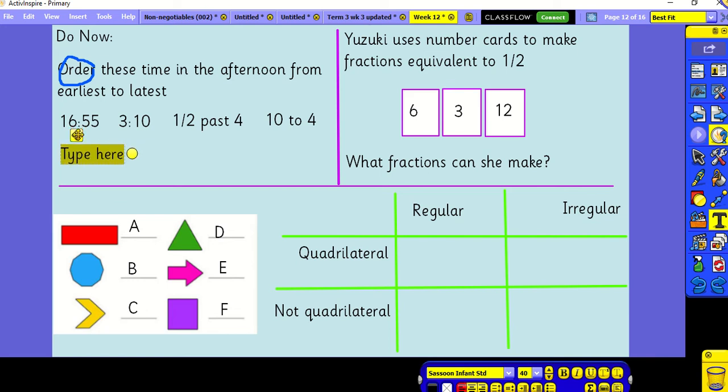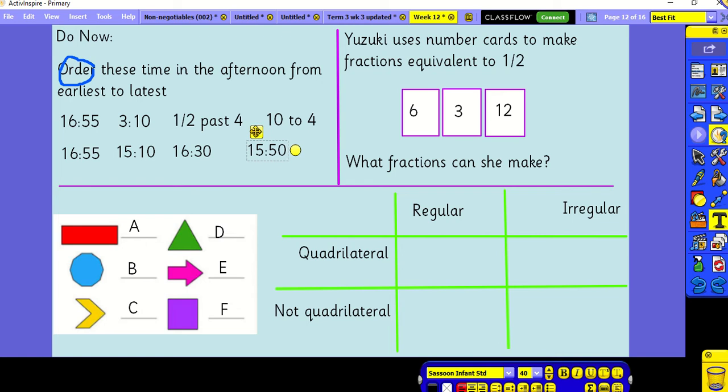So 16:55. 3:10 in the afternoon is 15:10. 4:30 is 16:30. And 10 to 4 is 15:50.